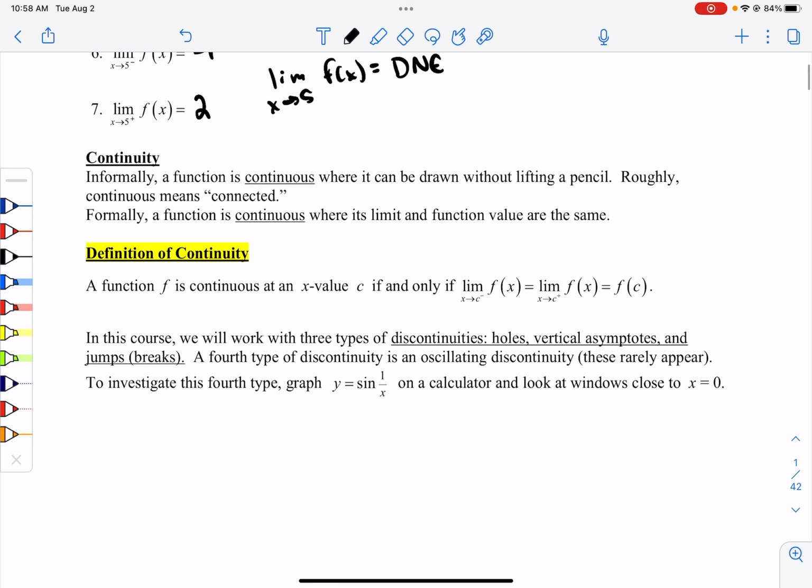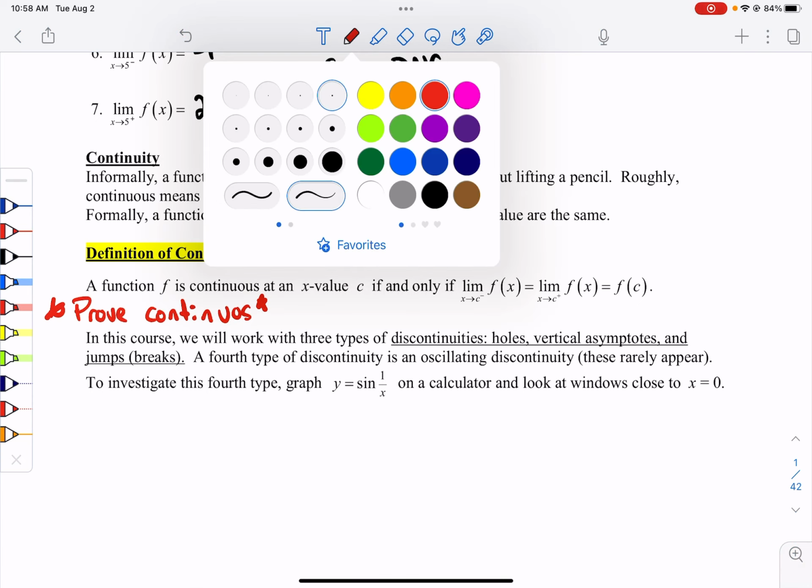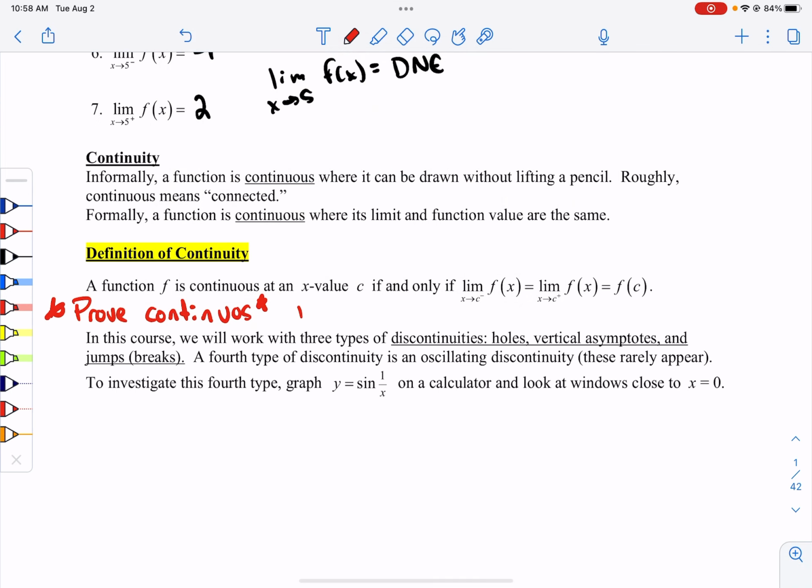So we're going to make a little note right here because you are going to be asked to prove that something is continuous. So right here, I want you to put prove continuous. In order to do that, the first thing that you need to do is see if the limit as x approaches c of f of x exists.